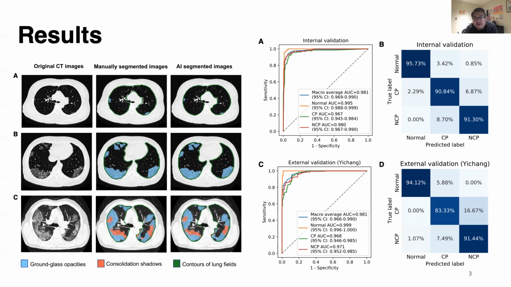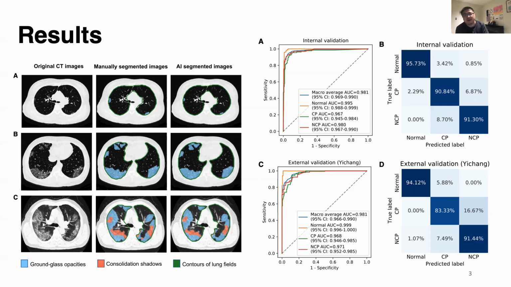Row B is a CT slice with intermediate COVID-19 lesions, bilateral and predominantly peripheral lesions of the ground glass opacities. And row C is a CT slice with severe COVID-19 lesions, bilateral and peripheral mixed lesions of ground glass opacities and consolidation shadows.